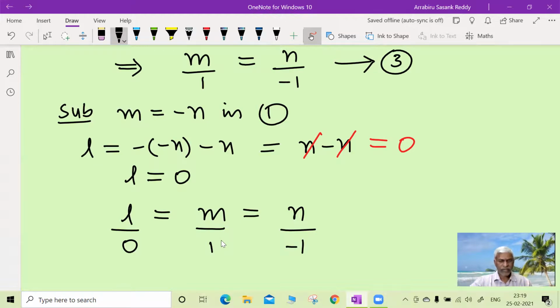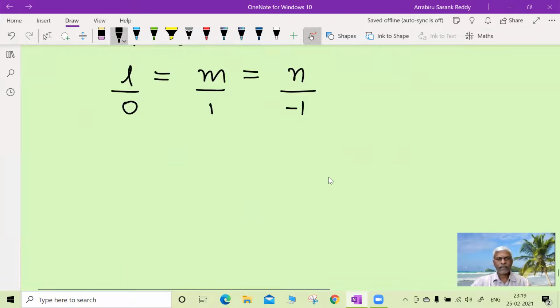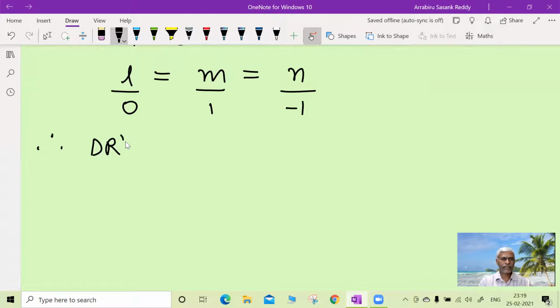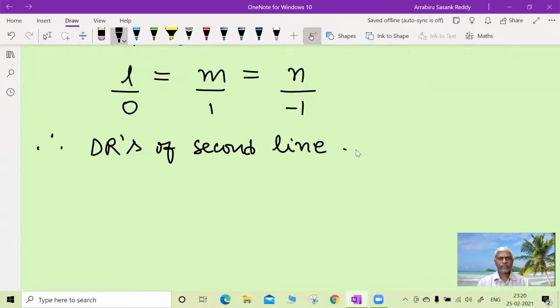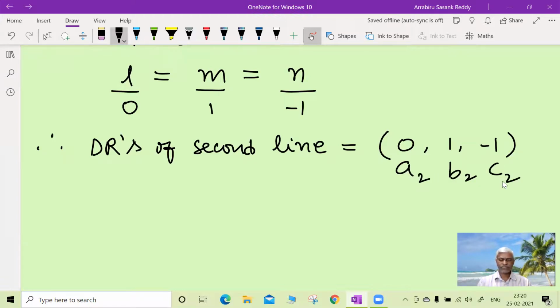So 0, 1, minus 1 are the DRs of second line. Let us name them A2, B2, C2.